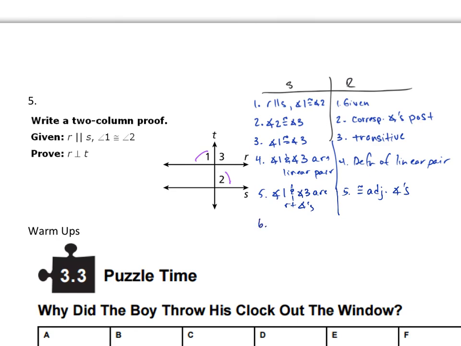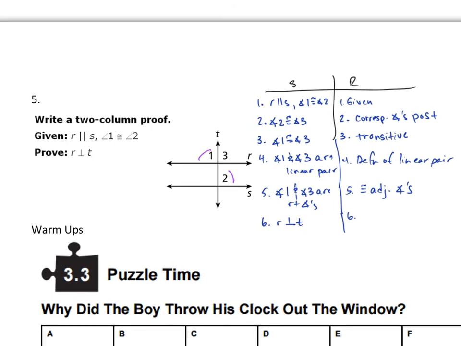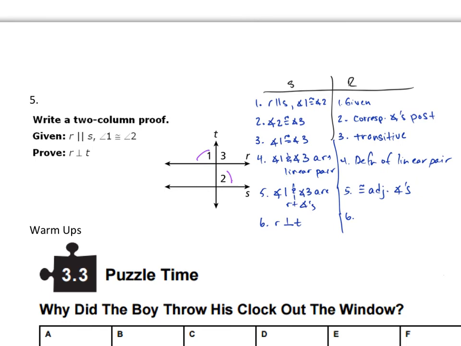Which means step 6, in fact, you could have just finished this off and didn't really need step 5. R is perpendicular to T because of the theorem we just did, where if we have a linear pair that is adjacent, so adjacent and linear pair form the perpendicular lines. And I think we called that linear pair, or its converse, that linear pair perpendicular theorem. I think that's how your book called it.